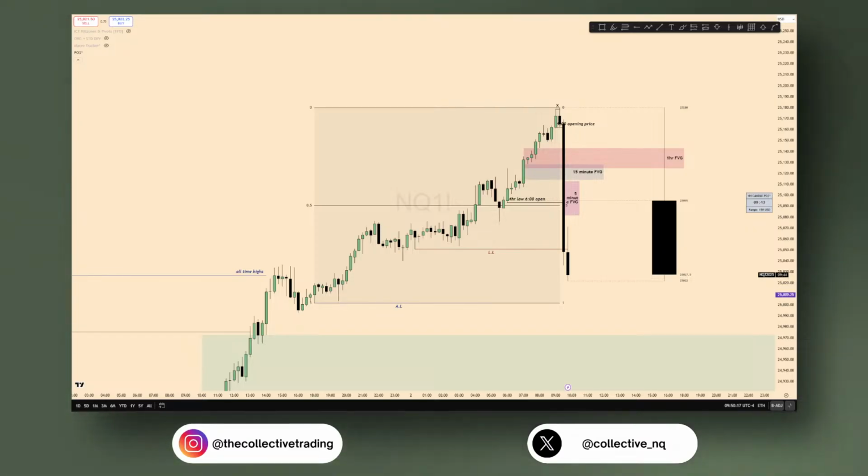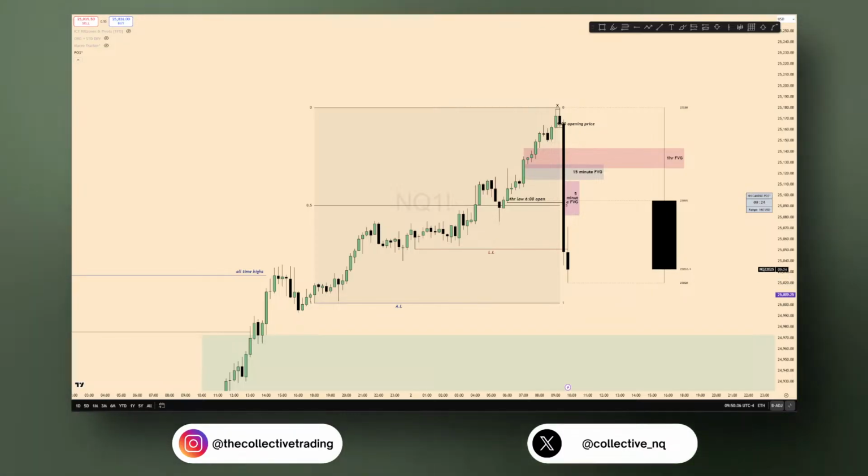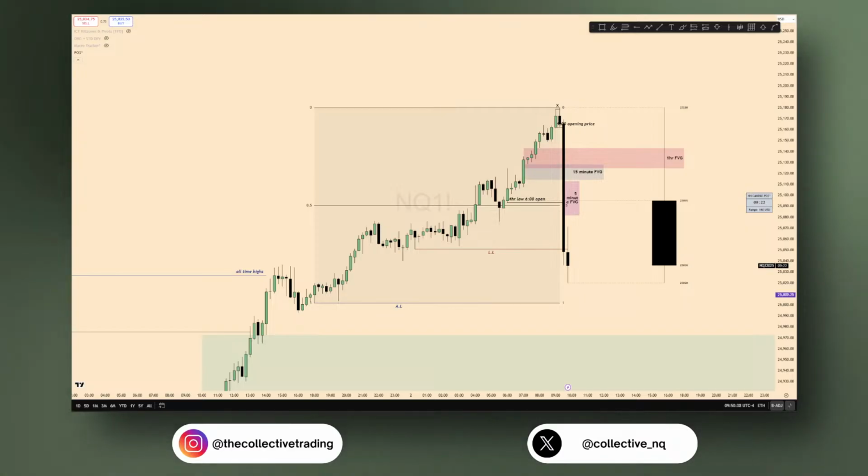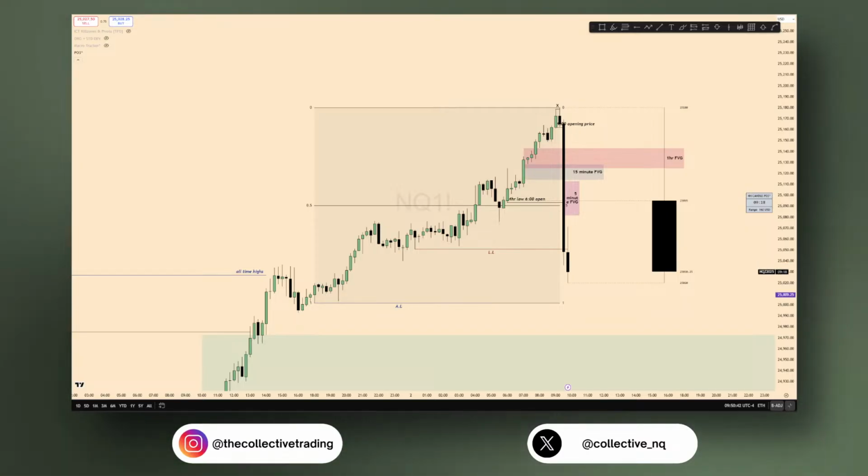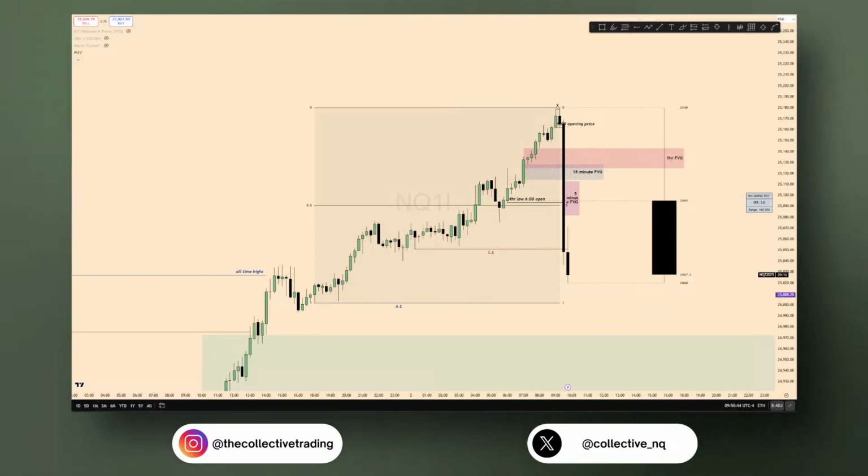Yeah, so we're probably gonna get that 4 hour inversion as well. Oh, the small one. YM still going up? Yeah. So YM is the manipulation in this case.